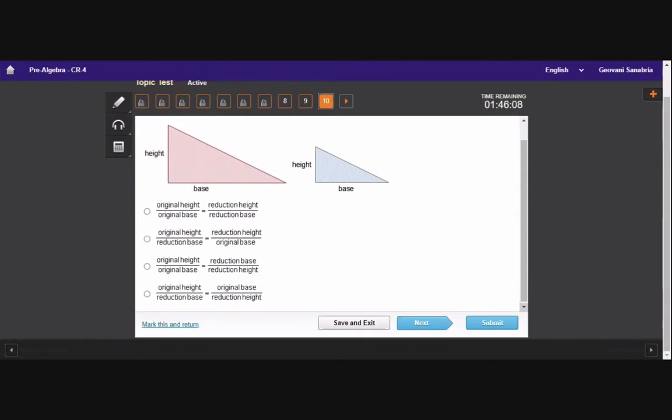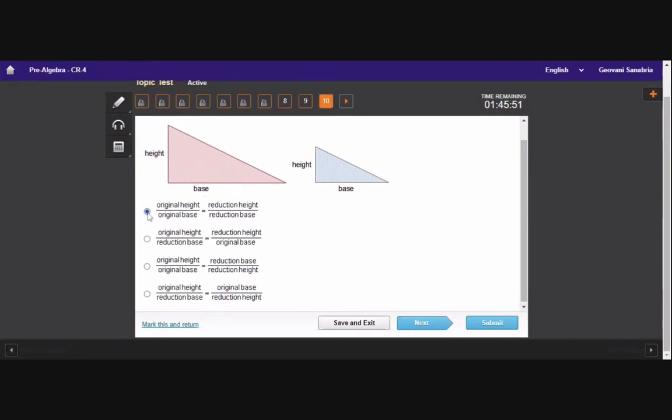Yep. It's got to match. They did the original scenario with a fraction: original height, original base. Height on top, base on bottom. So in the new situation, you have to do height on top, base on bottom, and that's A.